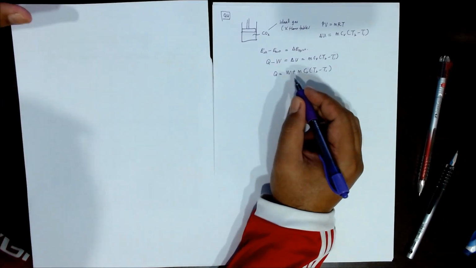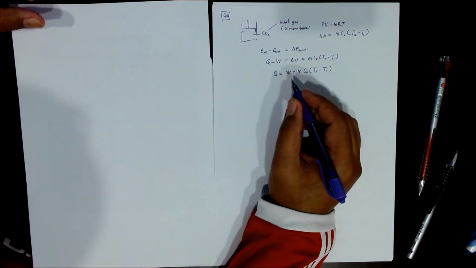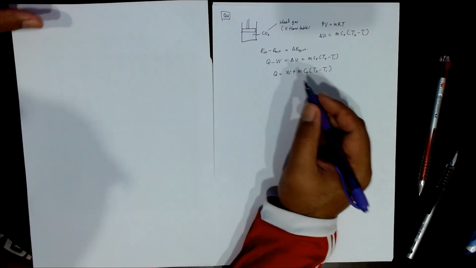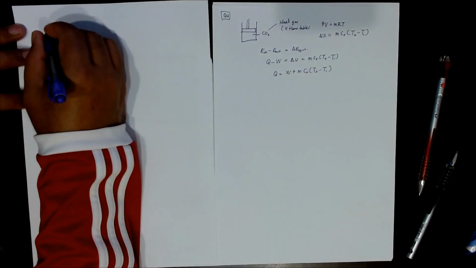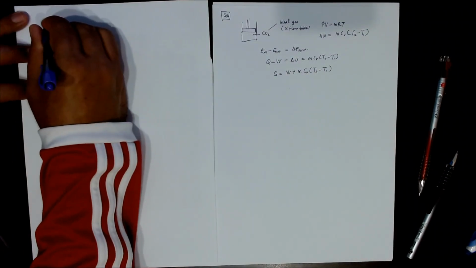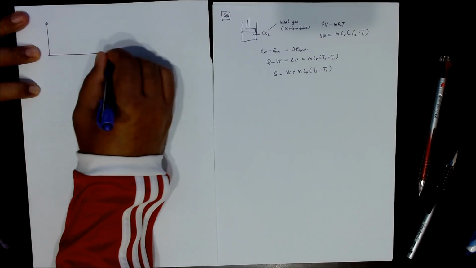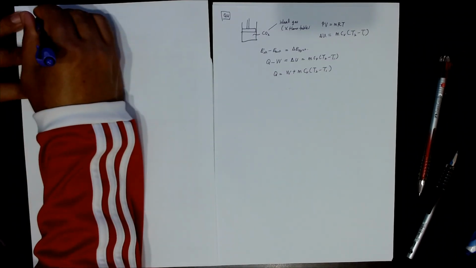Why do we need to find V first? Because remember from the previous question, work is the area underneath, so PV.